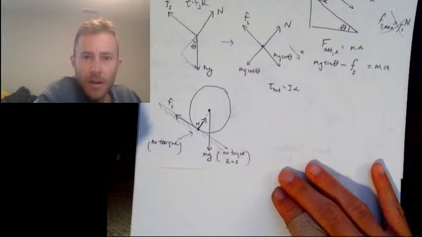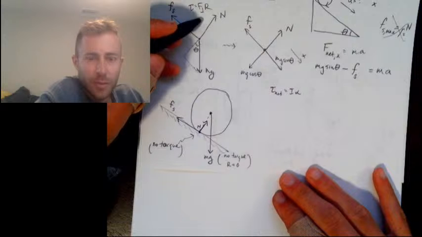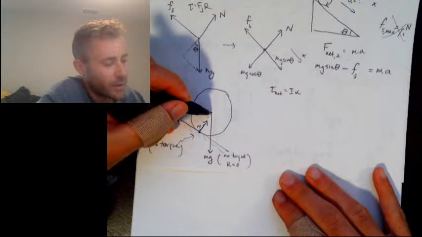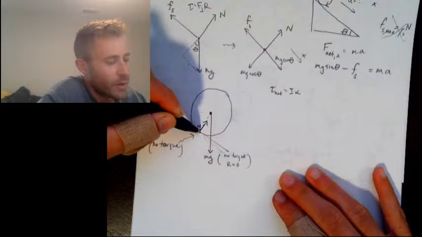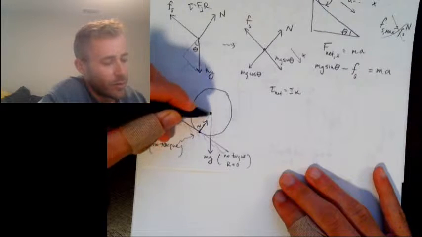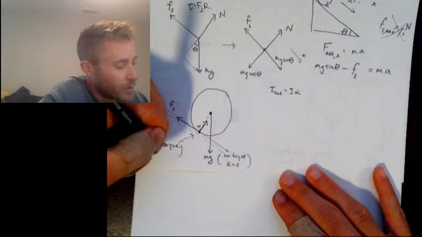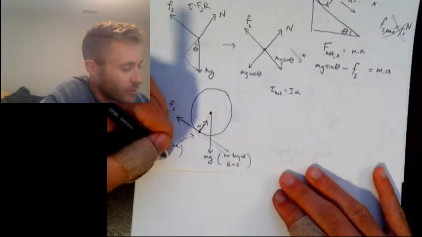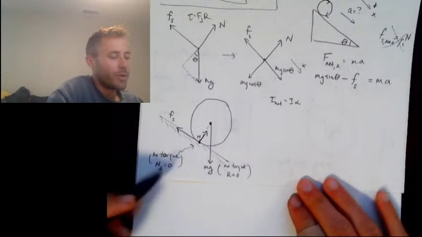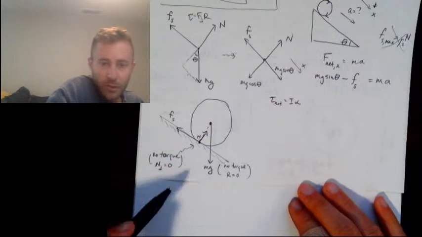However, what defines perpendicular is that it has to be perpendicular to the line connecting the pivot, which is the center, to where the force is applied. And I can see that the normal force is actually parallel to that line. So the perpendicular component of the normal force is 0. And so both the normal force and the weight force exert no torque, but for different reasons.